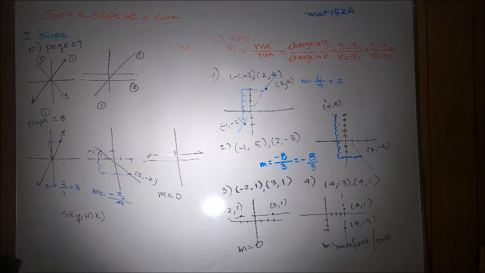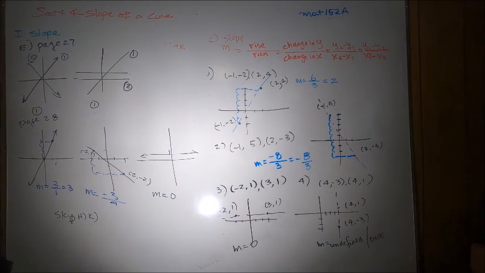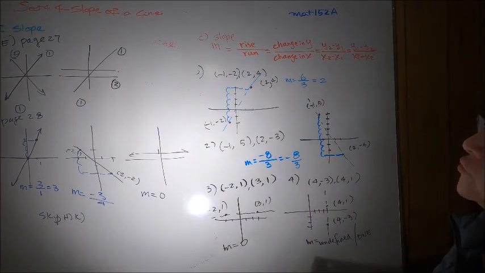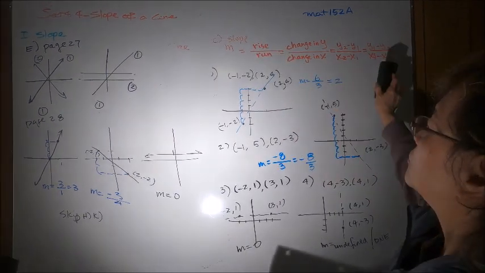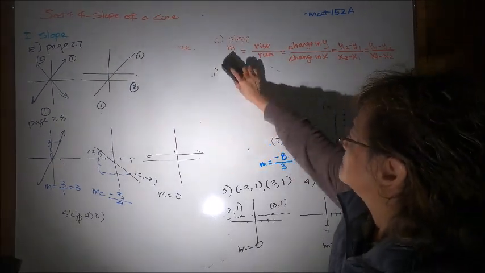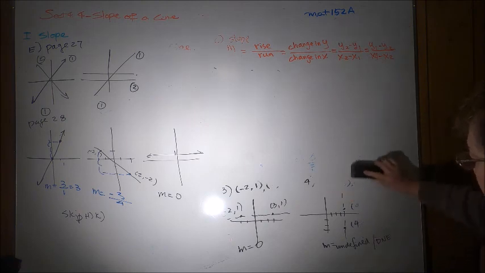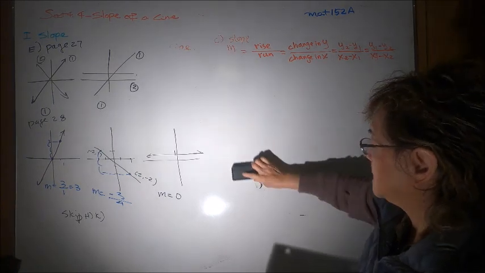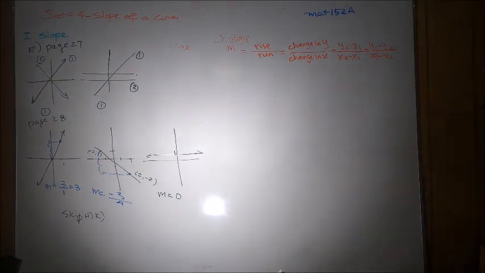And let's get back to your page 29. So what did we just talk about? We talk about how to identify a slope, right? Either going up, positive, going down, negative, flat, the slope is 0, and vertical line, the slope is what? Undefined or doesn't exist, right?